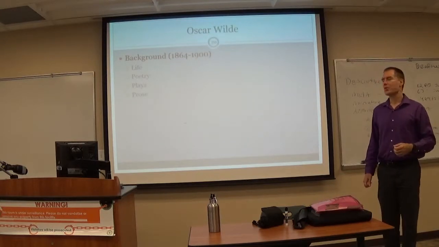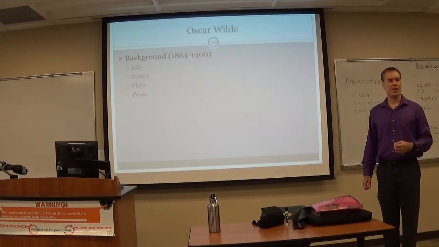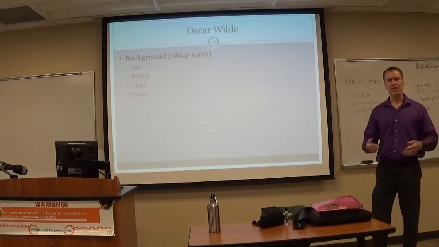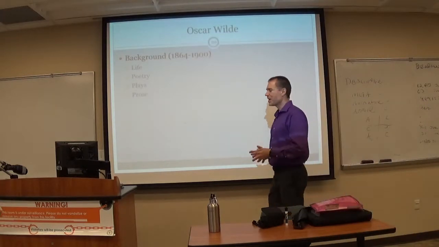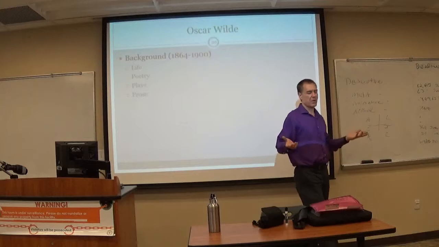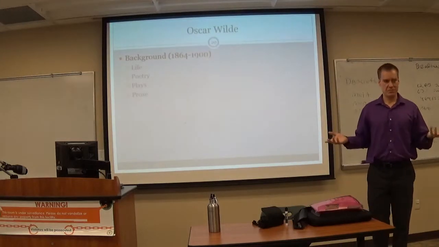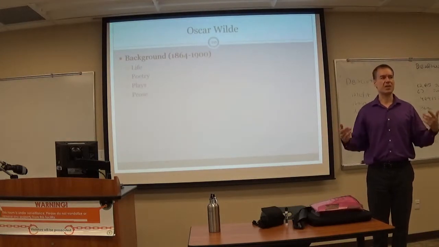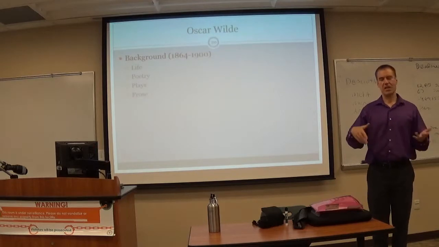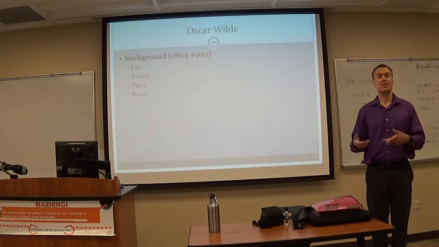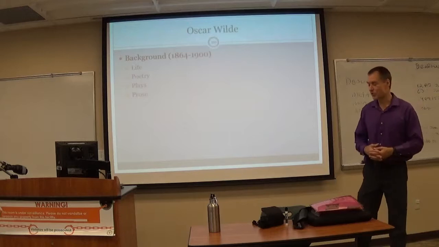Probably his best known work, though, is The Picture of Dorian Gray, the famous story about a person who has a painting, and whatever harms the person would suffer, like aging, is instead suffered by the picture, and not the person the picture is of.